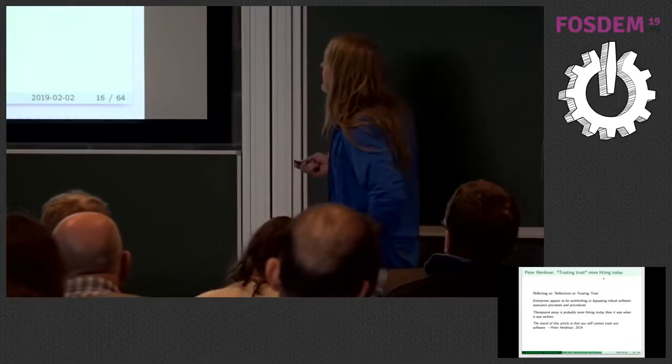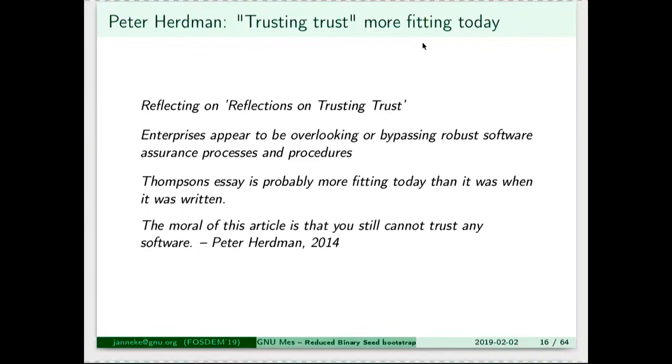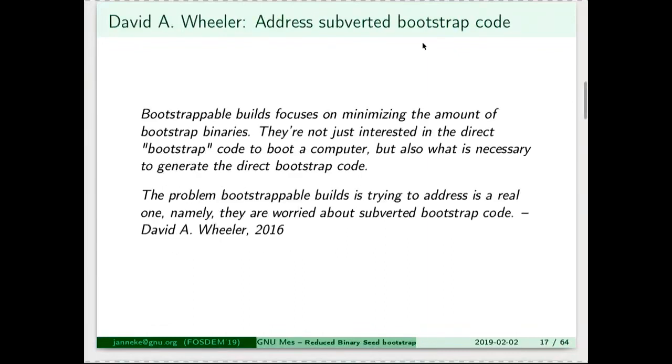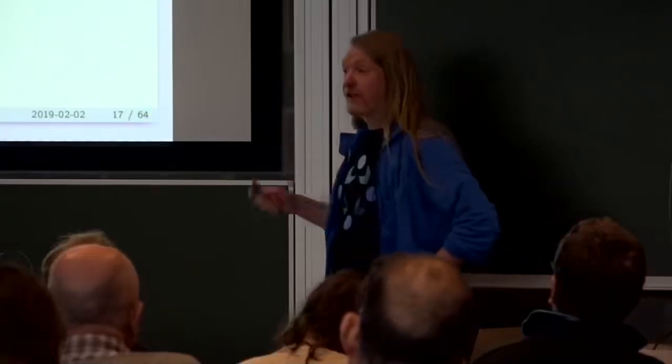He says enterprises overlook or bypass processes to ensure they can trust the software. And he even says you still cannot trust any software today. And David A. Wheeler, who got his PhD on diverse double compilation to address bootstrap binaries, thinks this is a good idea.